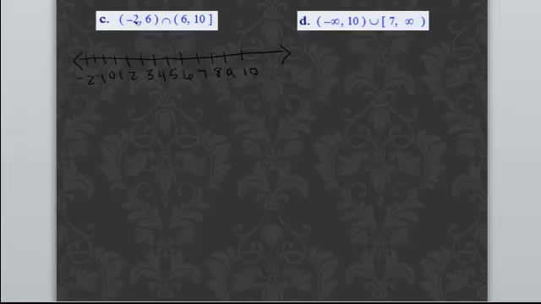Okay, so the first one goes from -2 to 6, and we do not include those endpoints. -2 to 6. Everything in the middle of those.